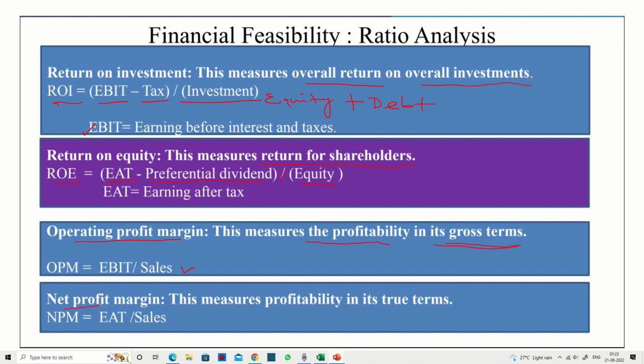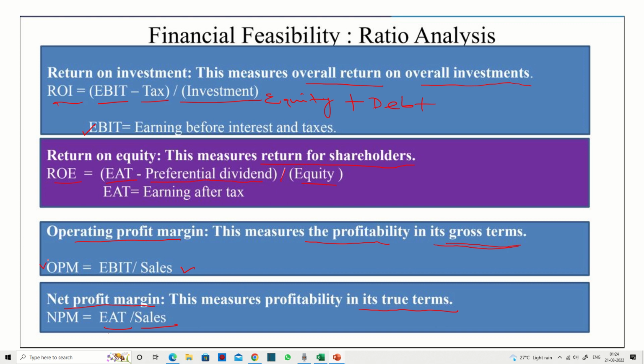Net profit margin or NPM is equal to earning after tax divided by sales. Here, NPM measures profitability in its true terms.